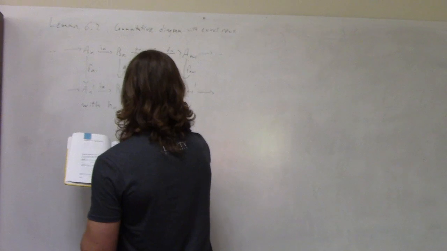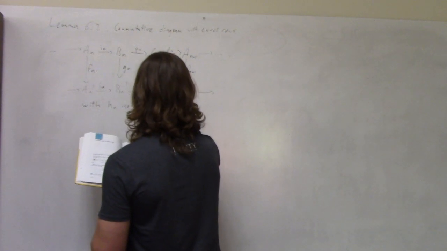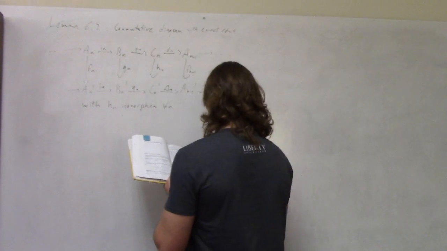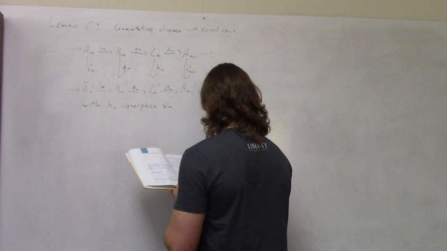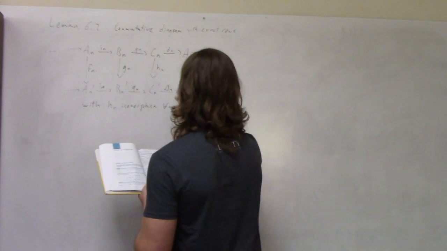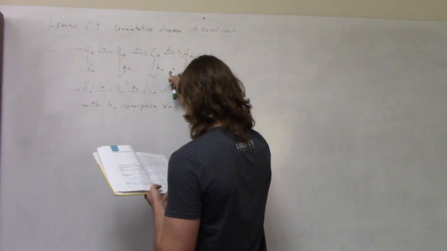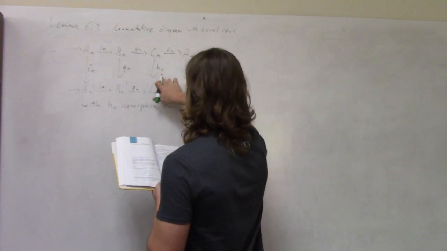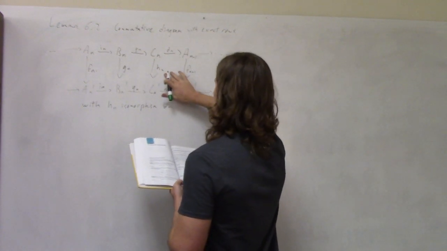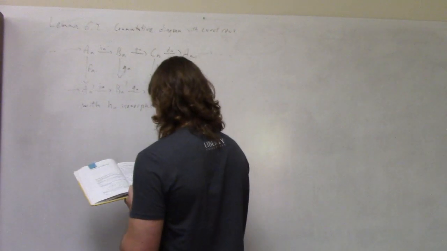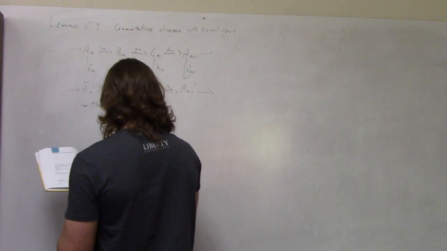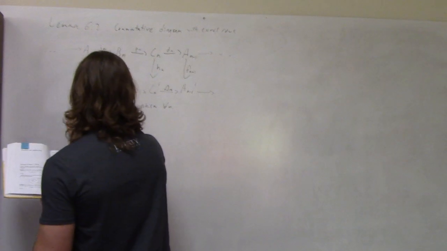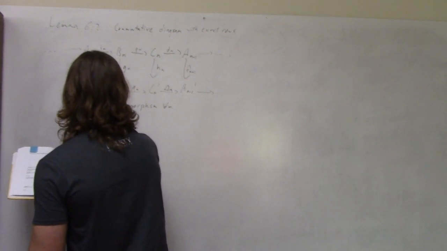See a prime in the next thing. The whole lower row has got primes on it: A_n prime, B_n prime, C_n prime. So every third of these maps, every H_n for all n, is going to be an isomorphism. That's assumed, yeah.